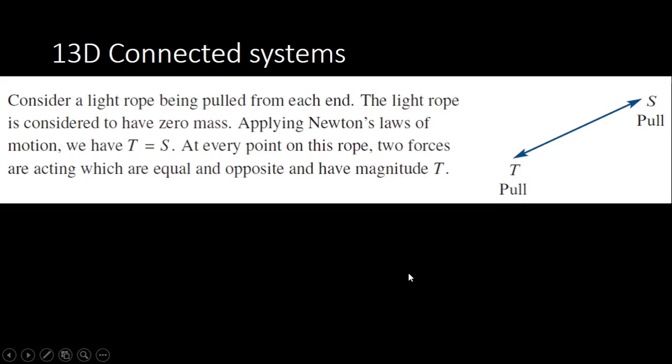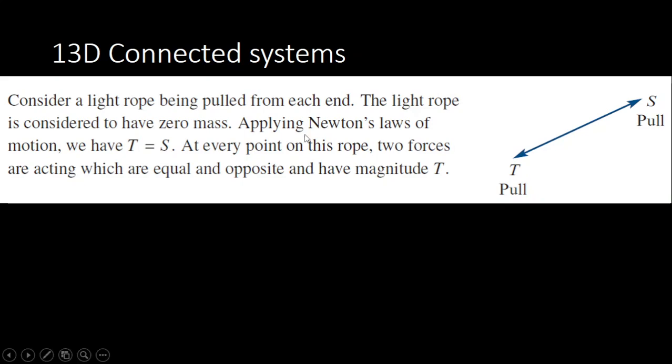All right, let's continue with the dynamics chapter. In 13D, we're going to look at connected systems. Usually there will be a rope system that will link two objects or multiple objects or particles.